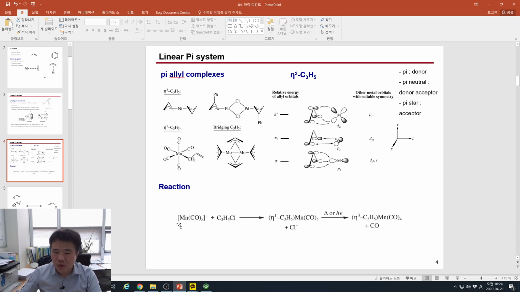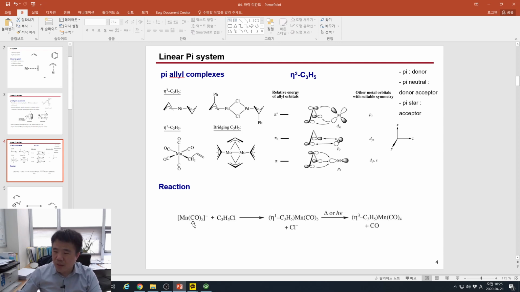So we usually use this precursor. And then if you add allyl chloride, the chloride is kicked out and allyl is generated. Allyl coordinates to manganese. And then if you heat it up, carbon monoxide is detached to generate a stable complex.